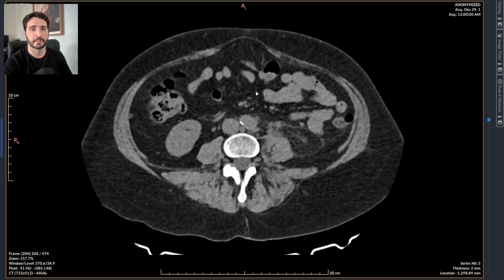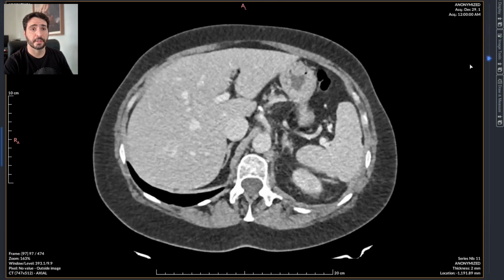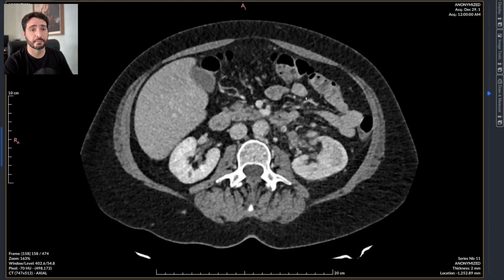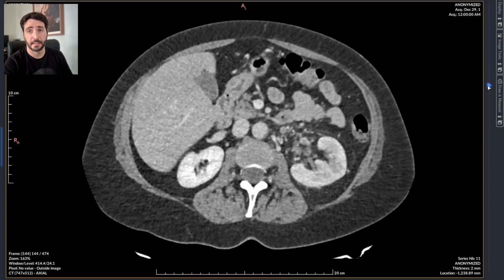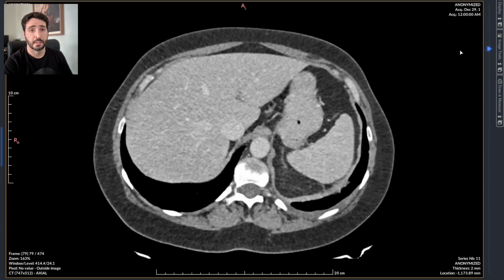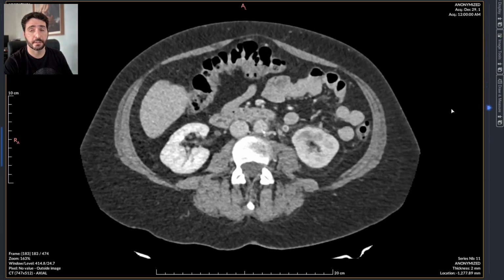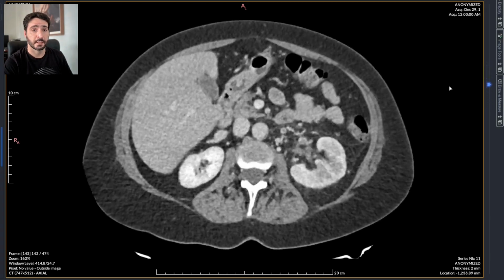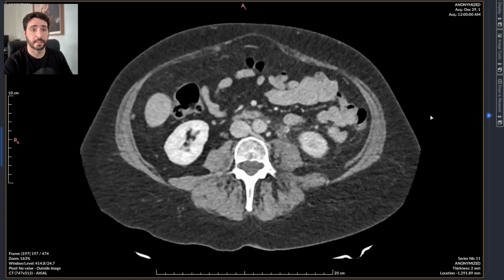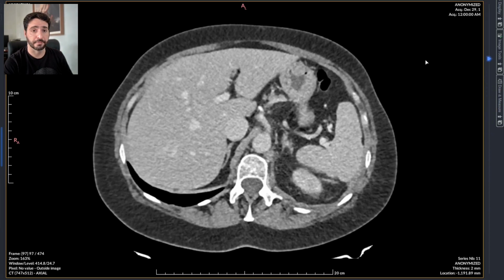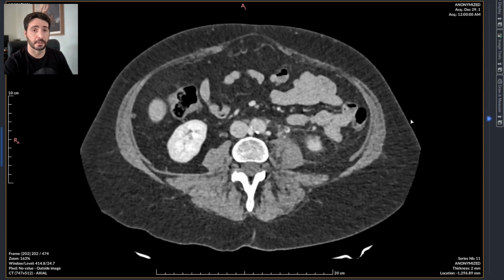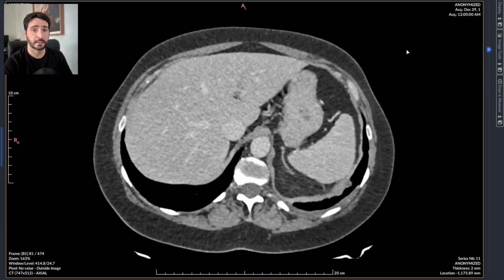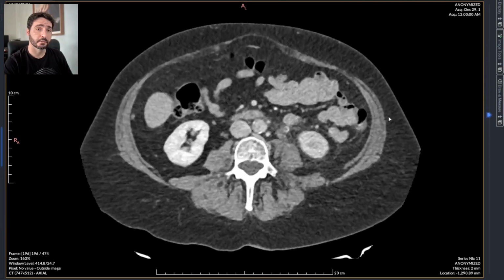So we have here a nephrographic phase, a venous post-contrast phase of the abdomen, so we can actually see how the kidneys are all opacified, are perfused, are irrigated by blood carrying the contrast medium.